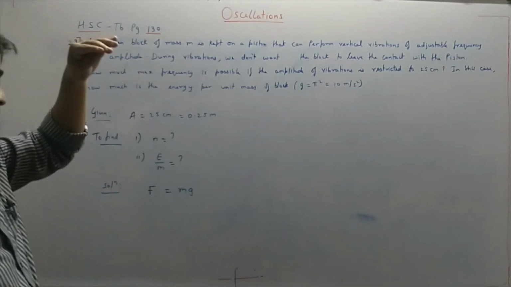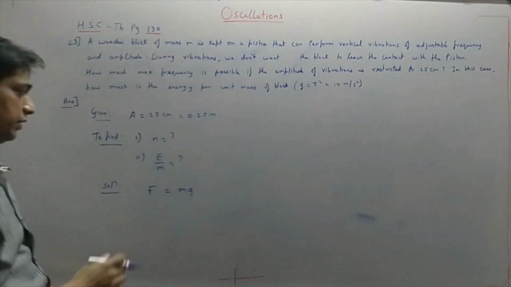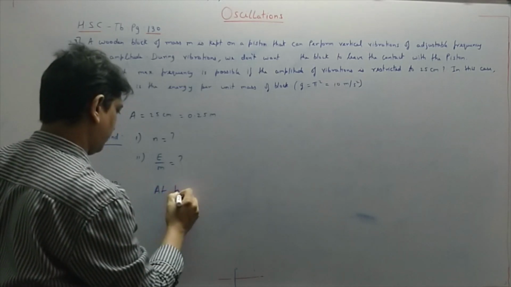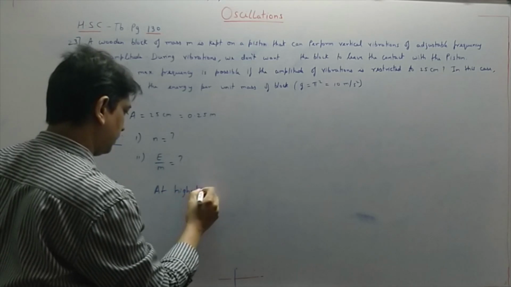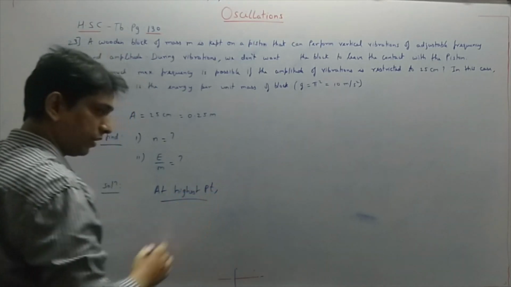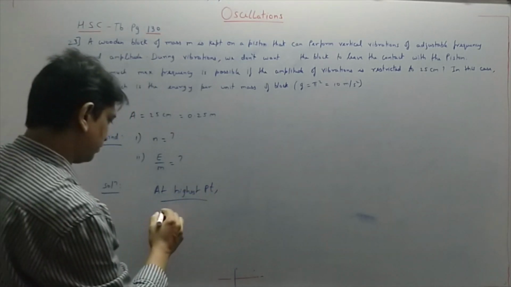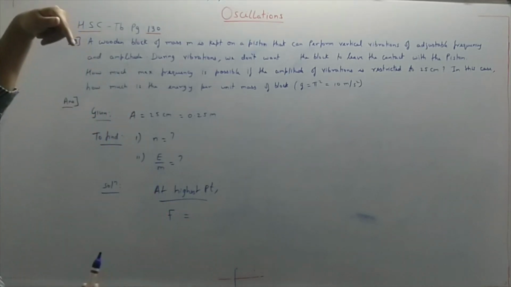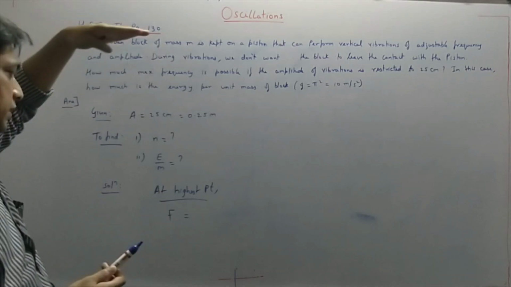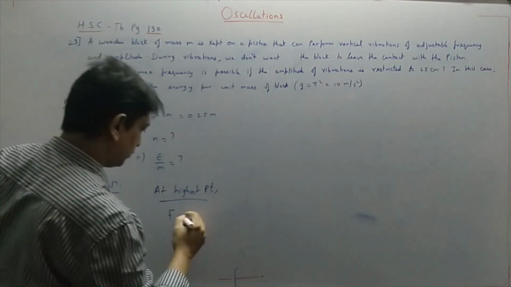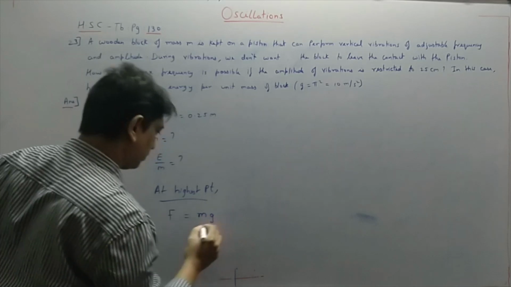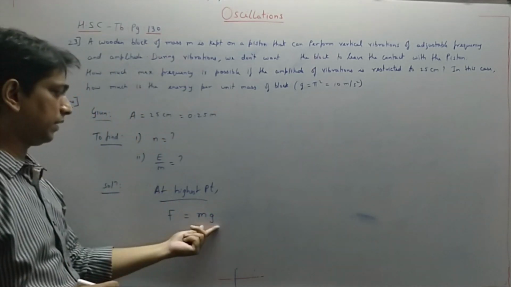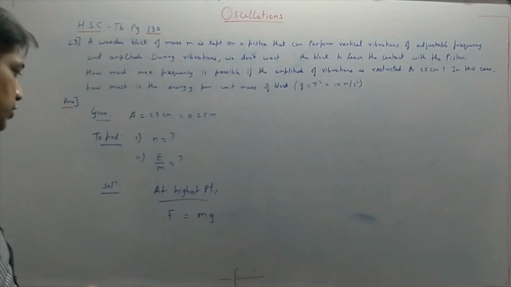At the highest point, the restoring force is acting towards the center, so it is maximum at the highest point. Here it is due to the weight of the block, and that force is balancing the weight of the block, that is mg.